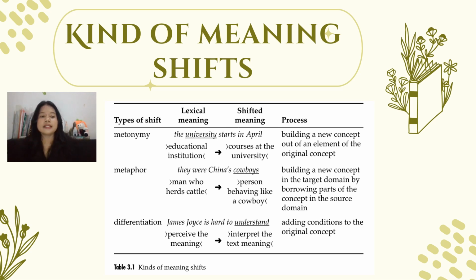So next is differentiation. James Joyce is hard to understand. Understand means perceive the meaning in lexical meaning, but in the shifted meaning, it's interpret the text's meaning. So we still need to see the context of the utterance here. If James Joyce is a writer, it probably means the writer or the writing of James Joyce is hard to understand.